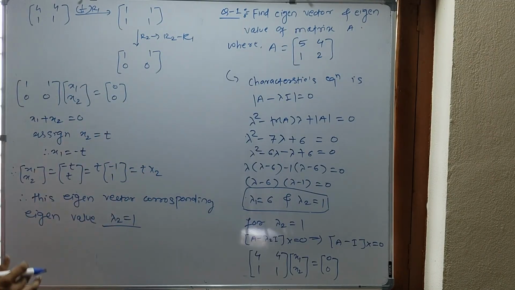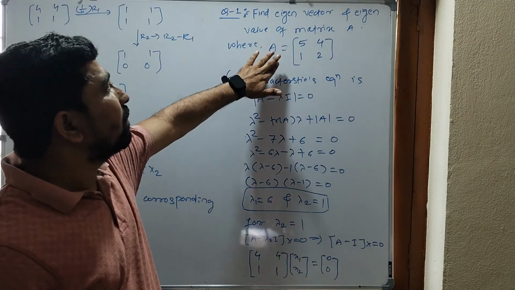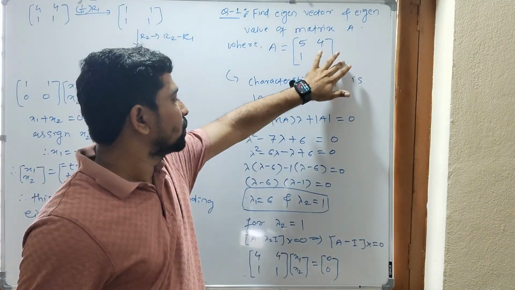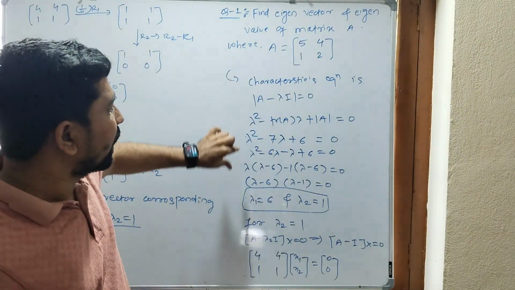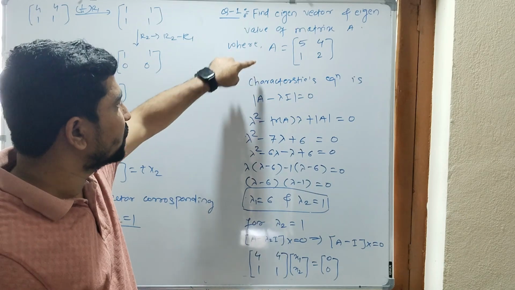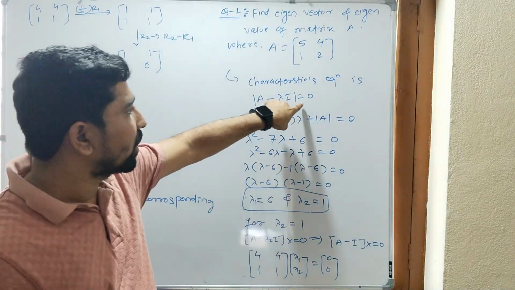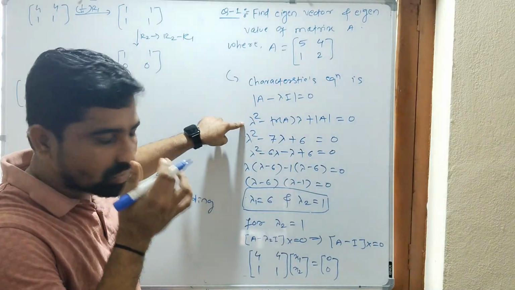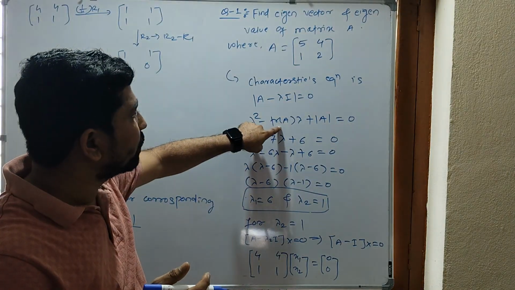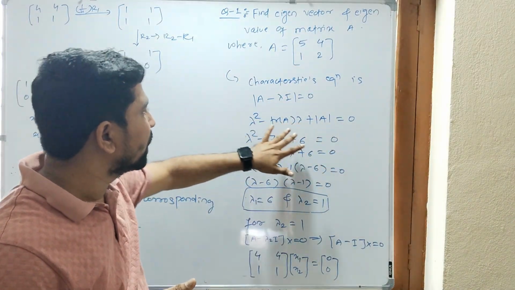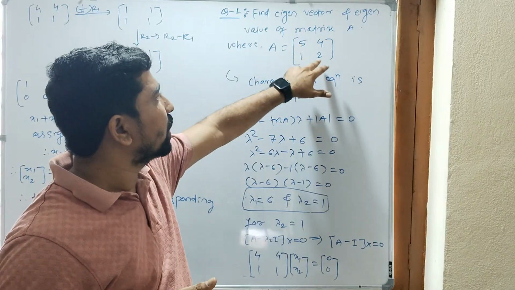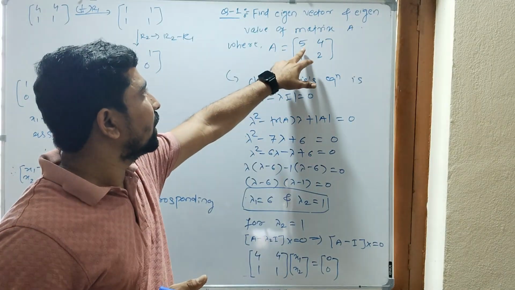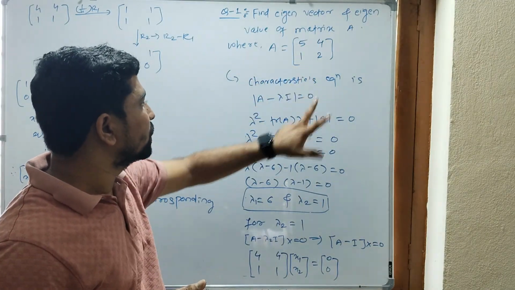So this is the problem. Here this is my matrix A of order 2 cross 2. First find the eigenvalues of this matrix by using the characteristic equation, A minus lambda I equal to 0. Since the matrix is of order 2, the direct characteristic equation is lambda square minus trace of A into lambda plus determinant of A equal to 0. Trace means the sum of the principal diagonal entries of this matrix, A11 plus A22, that is 5 plus 2 is 7.